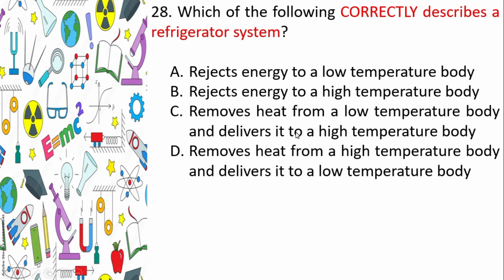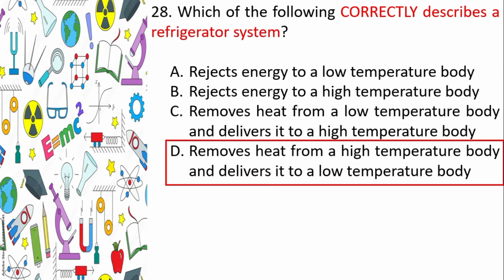The best answer here is letter D. Removes heat from a low temperature body and delivers it to a high temperature body. Okay? The refrigerator cools things down. So the hot gas is cooled by the refrigerator.